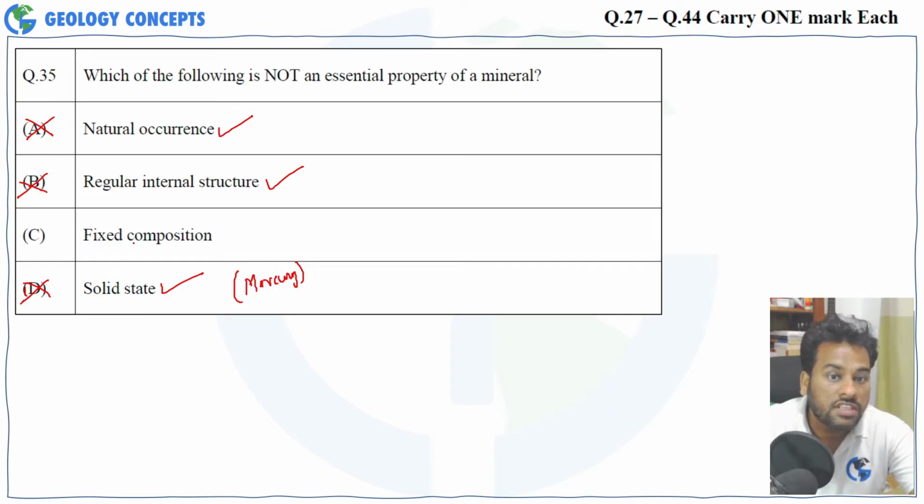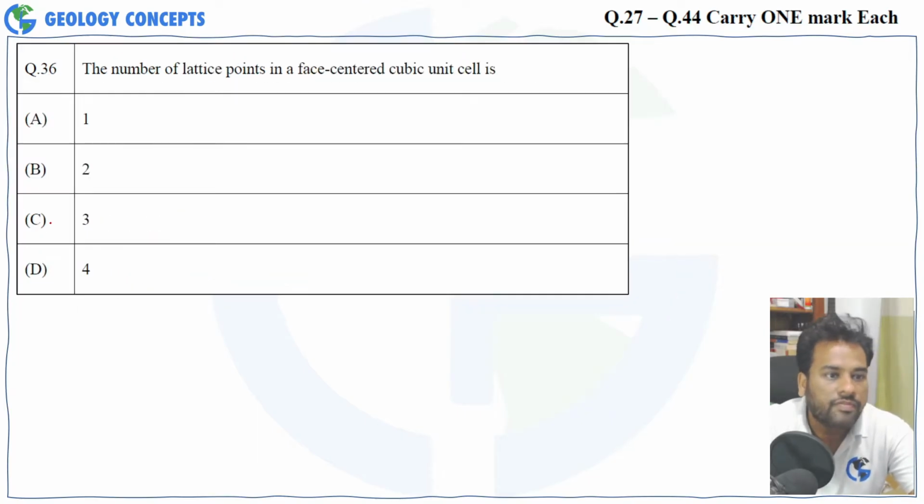Fixed composition is a property of a mineral, but it's not an essential property, because in some minerals the composition can vary in a narrow range. It's a compound, but it is not an essential property because some minerals can have composition that varies in a certain range. So C will be the correct option.